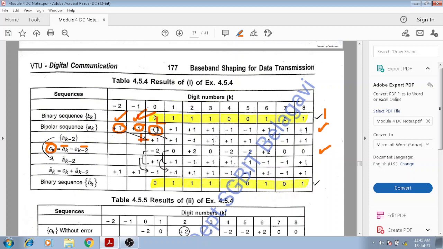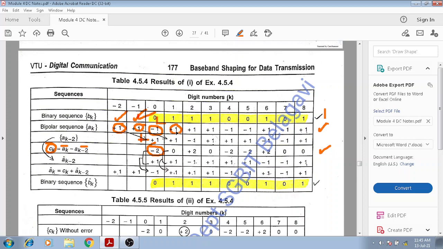So minus 1 minus of plus 1 becomes minus 1 minus 1, which is minus 2. Right?